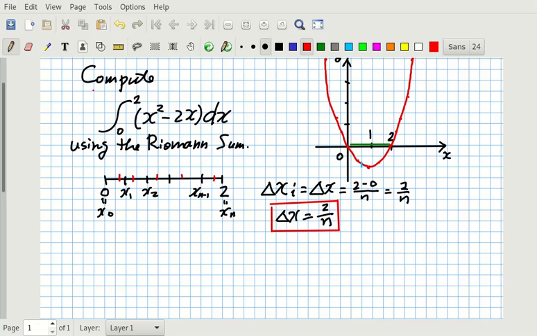We can choose the evaluation point as the end point. So we say the evaluation points c sub i can be x sub i, where i goes from 1 to n.